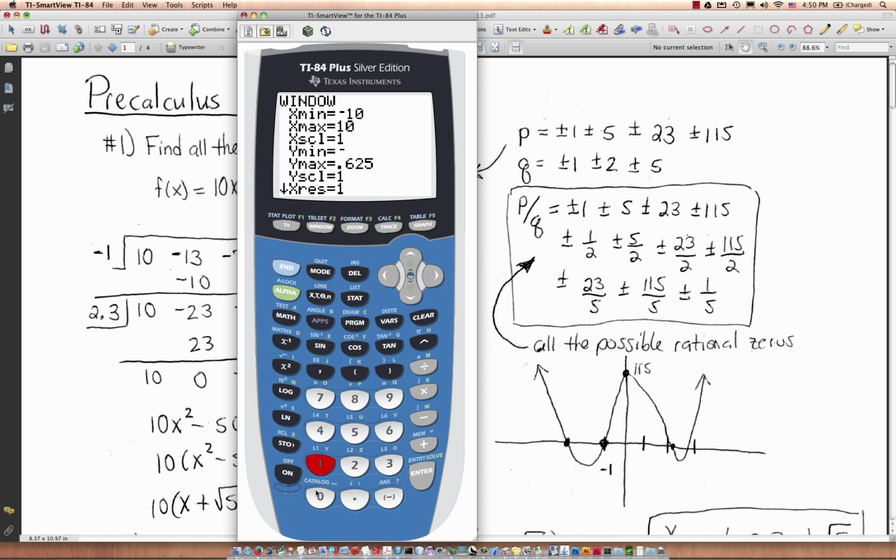Negative 10 to 10. Okay, so now we're going to zoom in on this region here. So I'm going to scroll over without hitting trace. Zoom in.